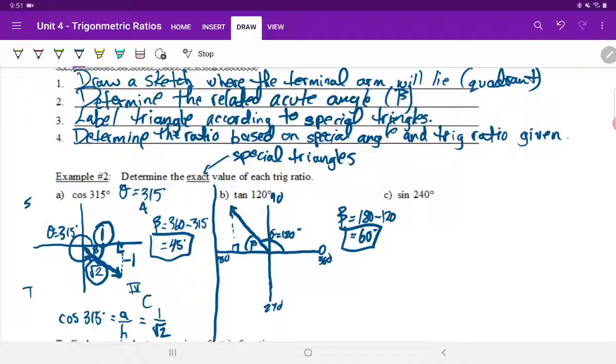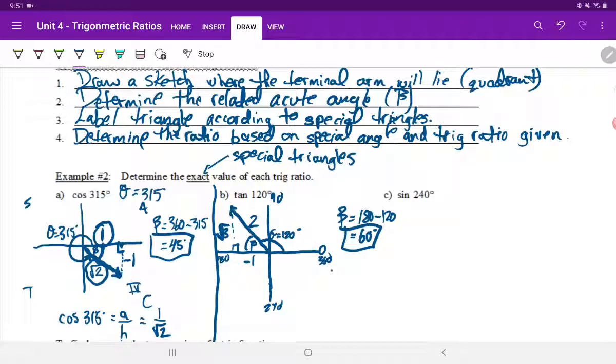If beta is 60, opposite from there would be our square root 3, 2 would be our hypotenuse, and 1 would be our adjacent side. However, because we're on the negative x-axis, it would be -1. But our square root 3 is positive because we're going upwards in the positive y direction.